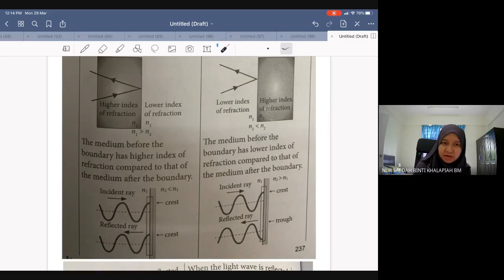Light is in the first medium. So what happens to the reflected light?